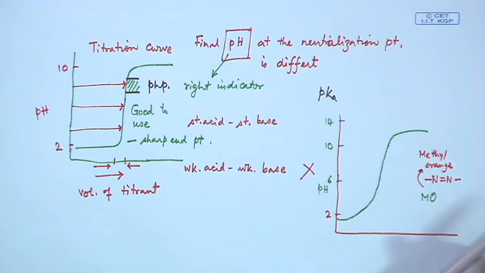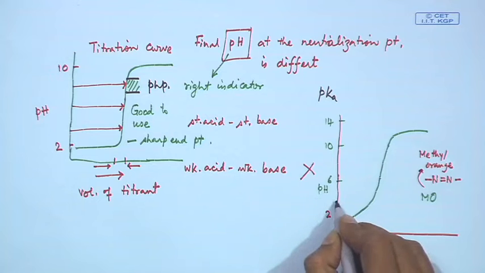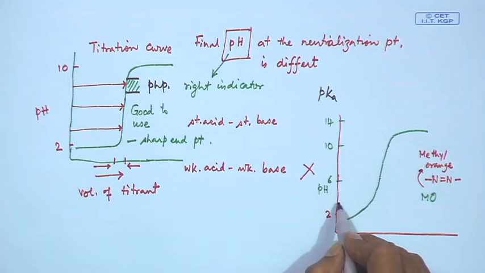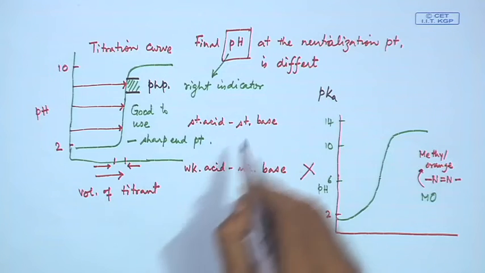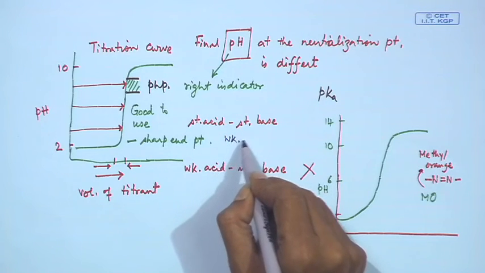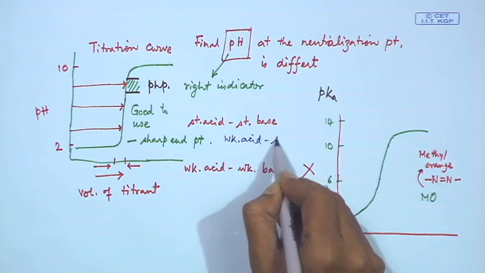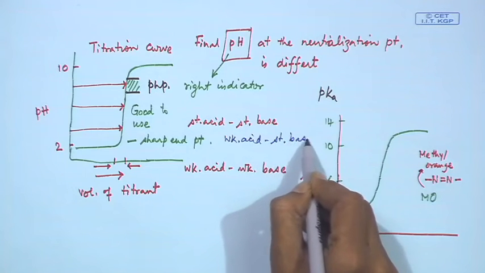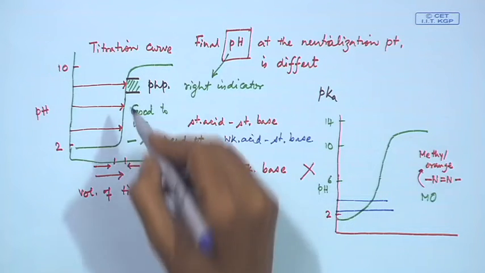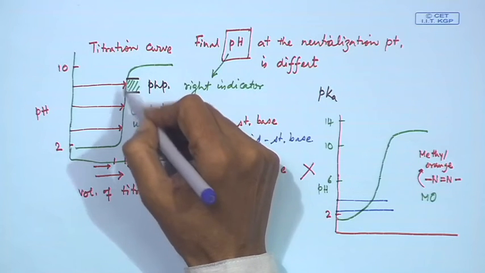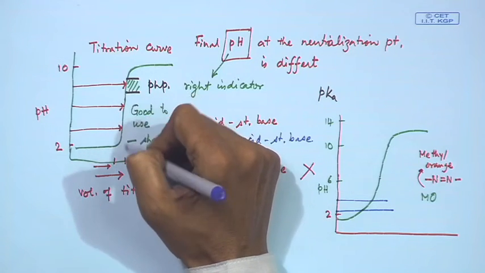So, what we see is that in this particular case, even for the strong acid strong base condition or any other one, that means the weak acid strong base titration, if your range is coming over here only, you see this is very much vertical and the horizontal one is very sharp and there is not much volume change.